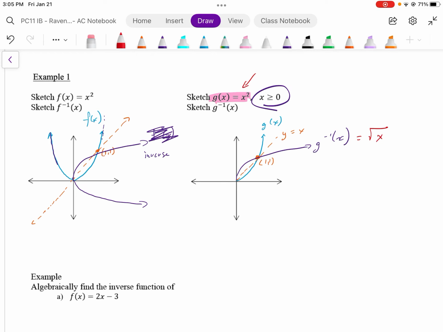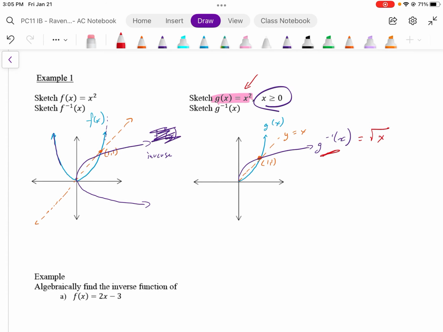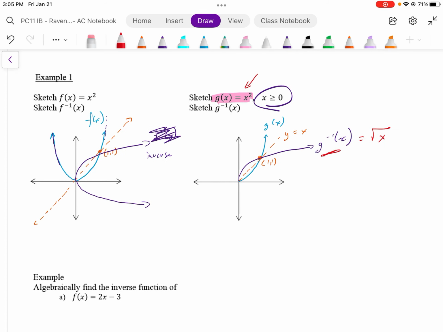So the inverse, by the way, this is what a square root function looks like. This is what a quadratic looks like. That makes a lot of sense. In algebra, if I square 3, what is the inverse of squaring it? Well, it's square rooting. So squaring and square rooting are inverse operations, and we can say these two are inverse functions of each other.